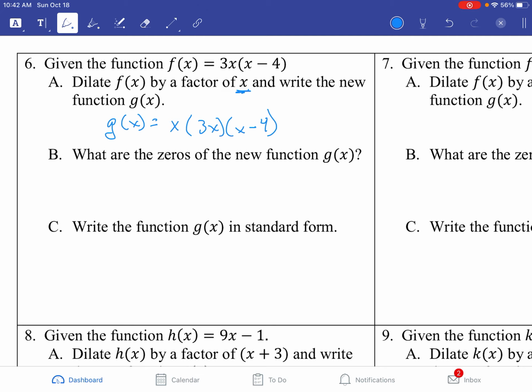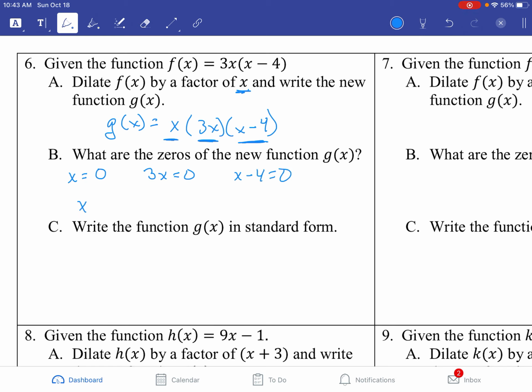Next part, what are the zeros of the new function? This is actually very easy because the new function we just wrote is already factored. So all you have to do is take the 3 different pieces that you have, that's 1, 2, 3, and set them all equal to 0 and solve them.